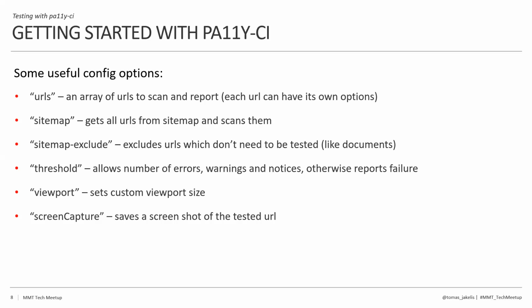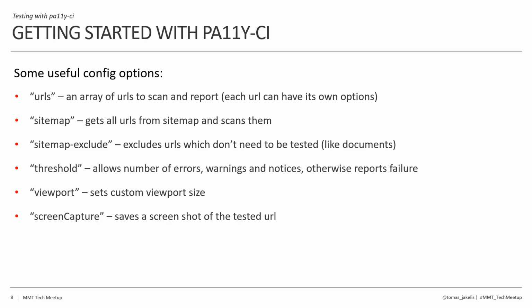For the project we recently worked on at MMT, we used Pa11y CI. We didn't need to use threshold because we don't get any errors, warnings or notices as of today. So it's looking really nice.